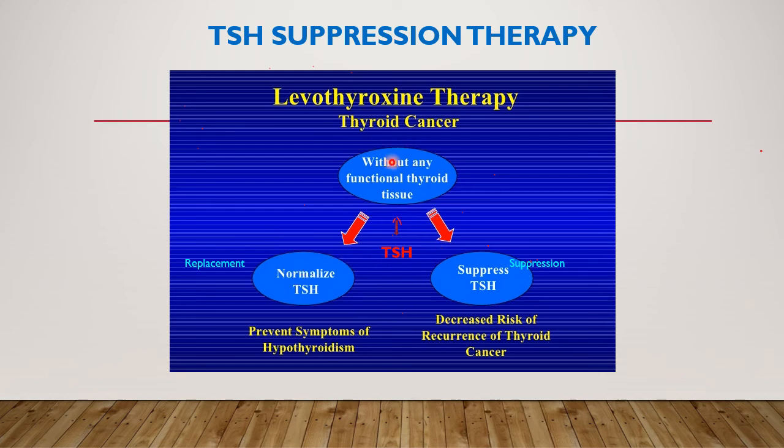In the case of cancer after thyroidectomy, this sudden surge of TSH may stimulate whatever thyroid cells that are existing, cancer cells, to proliferate, and this will result in the recurrence of the thyroid cancer. To prevent this, a higher dose of thyroxine has to be given, and this is known as the suppression therapy. Okay, TSH suppression therapy.